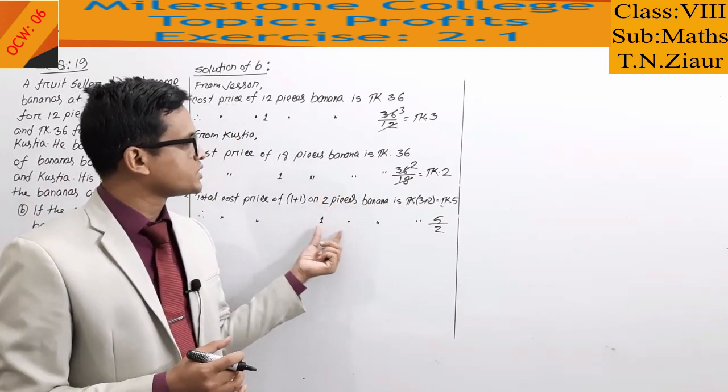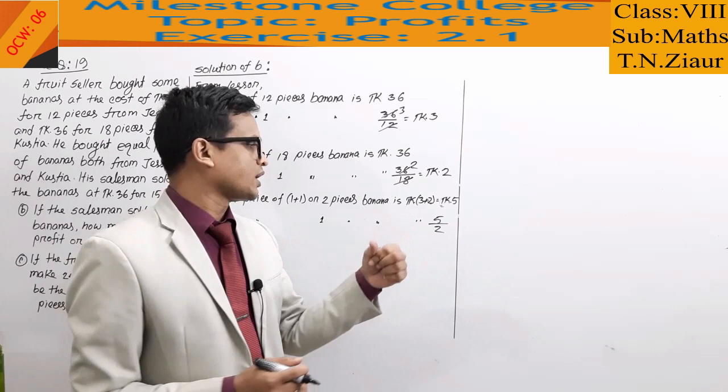From Joshua and Kustia, one piece of banana costs 5 by 2 taka.